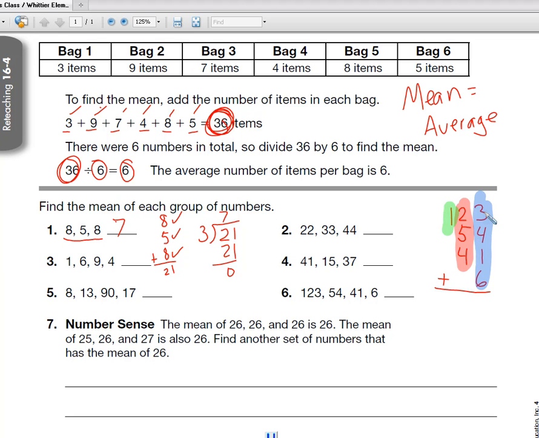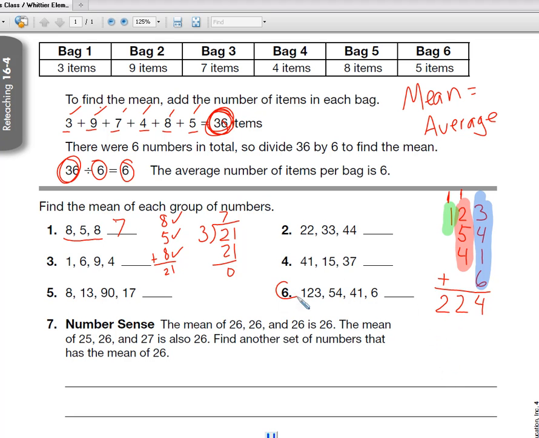So when I add these up, 3 plus 4 is 7, plus 1 more is 8, and 8 plus 6 is 14. So I put my 4 and I carry my 1. 4 plus 5 is 9, 10, 11, 12. So I put my 2, carry my 1, and 1 plus 1 is 2. So my sum was 224.